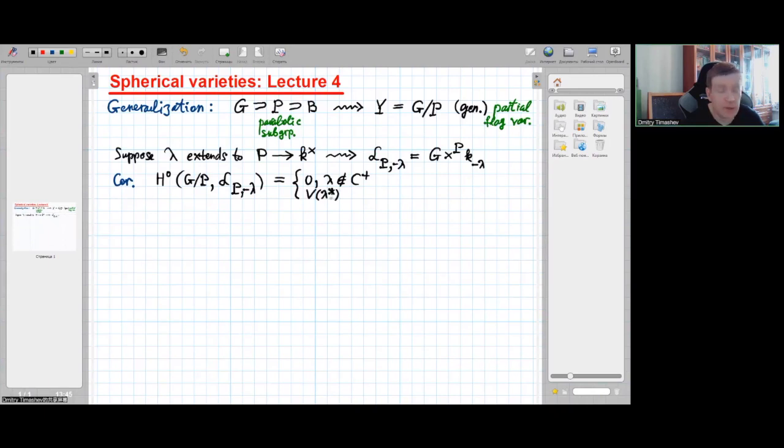So an irreducible representation of highest weight lambda star in our previous notation. This is if lambda is a dominant weight, if it belongs to the positive Weyl chamber.